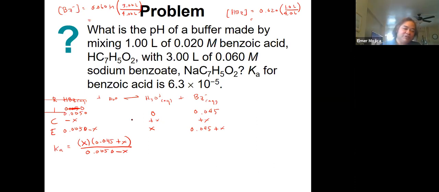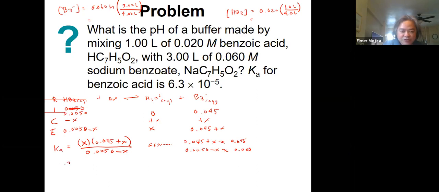Now, we can always have an assumption here that 0.045 plus x is just 0.045 and 0.005 minus x is just 0.005. It's okay. And with that, what will happen?